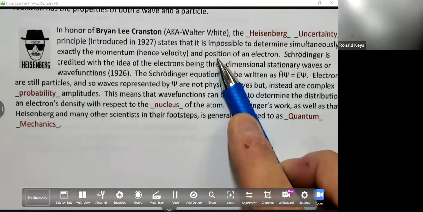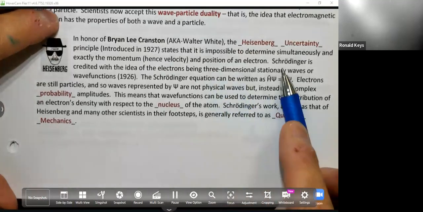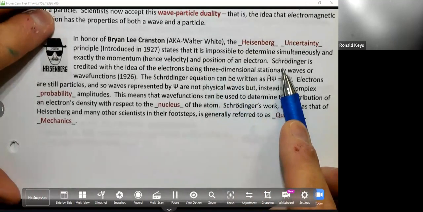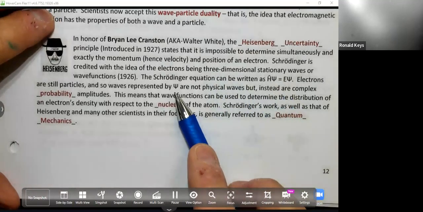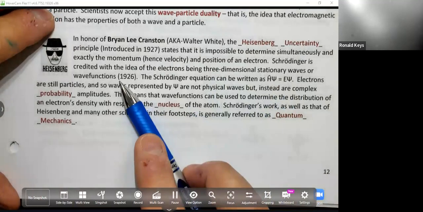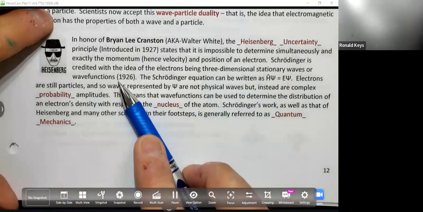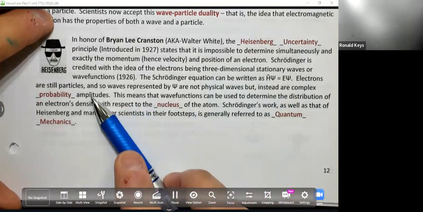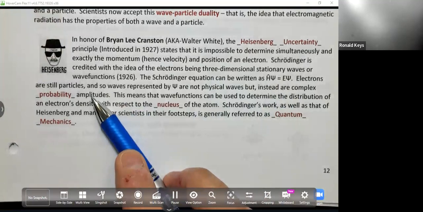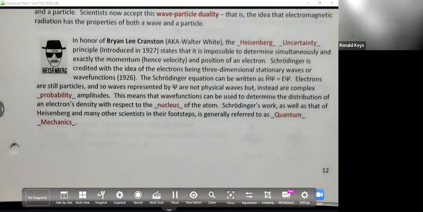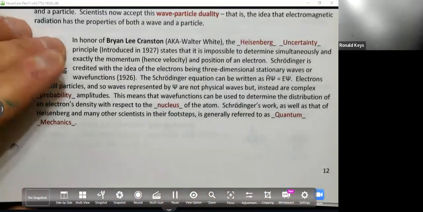Now, where do we get all these orbitals and stuff? We're going to talk about Schrödinger. So Schrödinger derives an equation with what he calls wave functions. And wave functions are probability clouds, I will say, probability clouds of where an electron is.